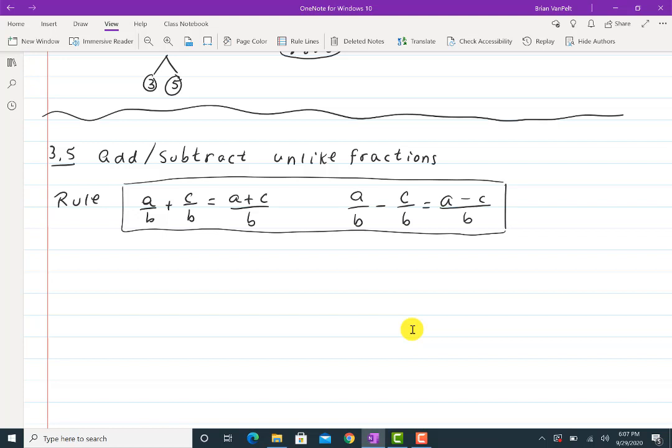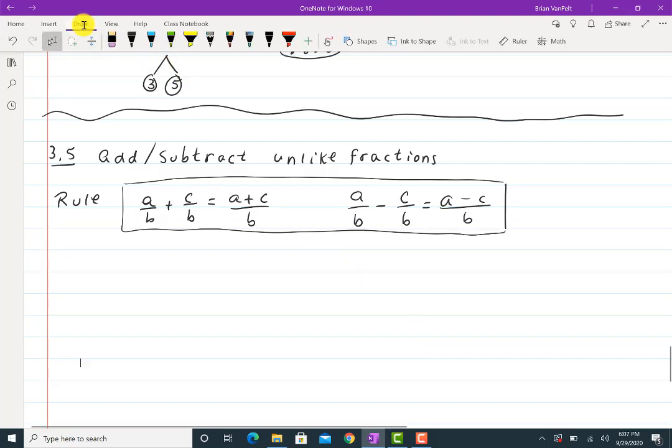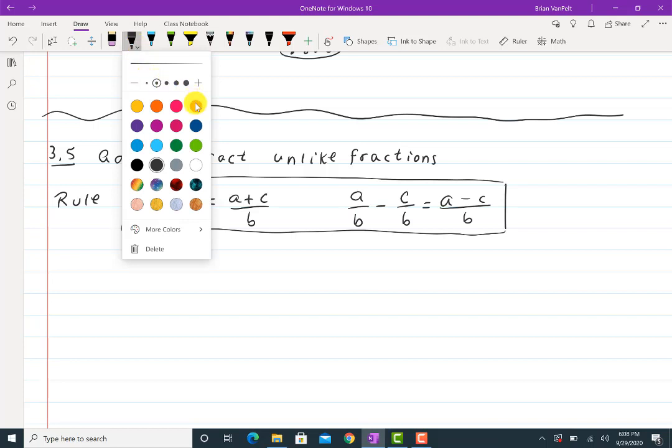I don't know how big I need to write this, but let me even use a different color ink because this is so important. Let's choose red.